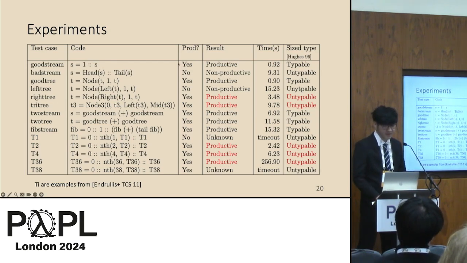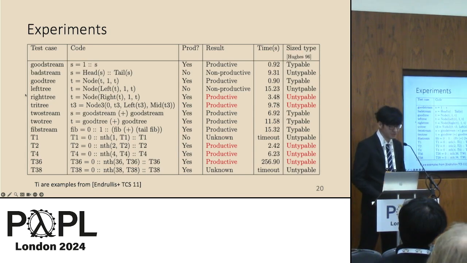The table contains right tree and left tree explained before. It also contains a Fibonacci stream as a higher order case. TI ranges over natural numbers, instances that are productive if and only if I is an even number.